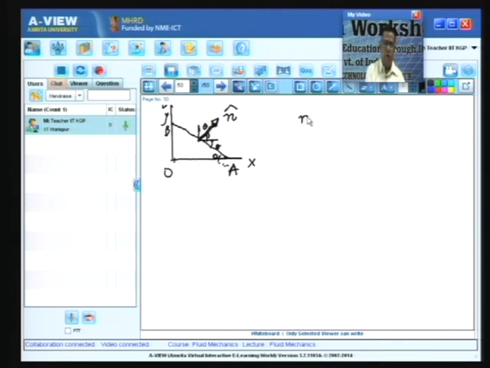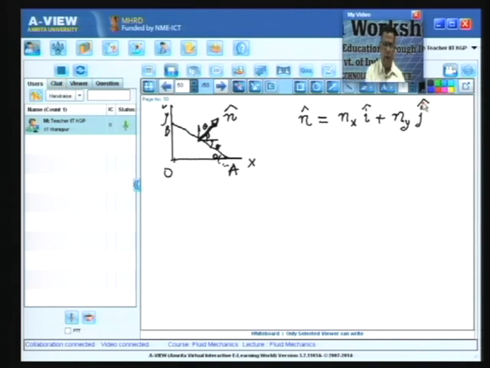So, this vector n I can write as n_x i plus n_y j. It has two components.